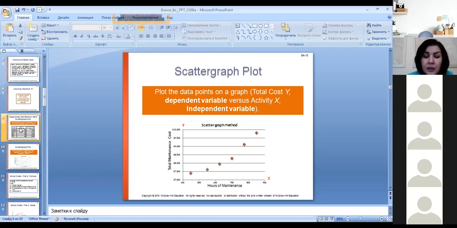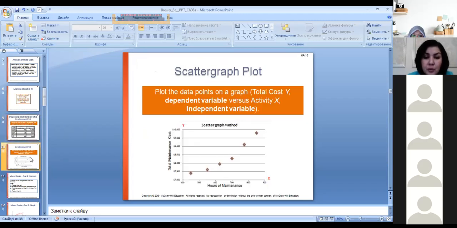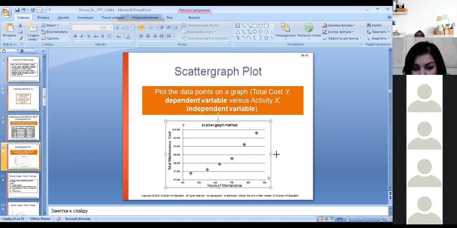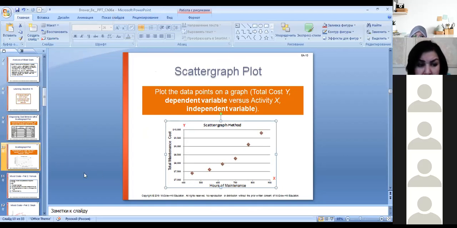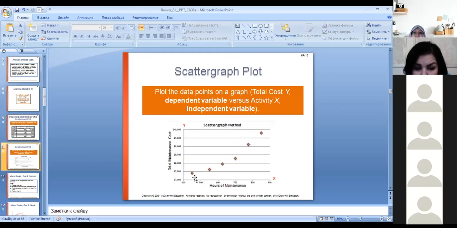For example, for another month, hours of maintenance is 450, so the value for x is 450 and the value for y is 7,400. Let's plot this. It's around here, 450 and 7,400 total cost.